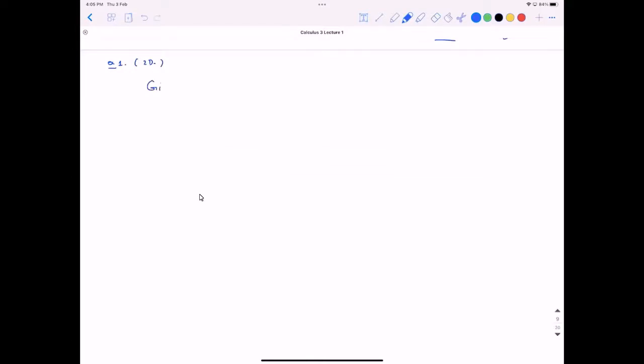Given r of t, this is square root of t in the direction of i plus 2 minus t in the direction of j. Of course, this can be written without the ij notation, as vector notation: root t as the first component of the vector, 2 minus t as the second component. This is the second method. You are given this or that, not both. They are the same thing.